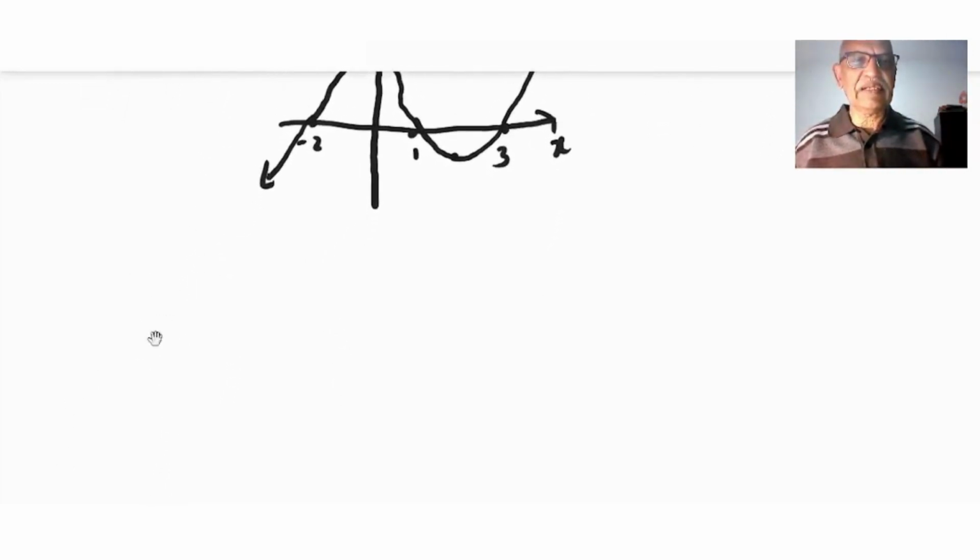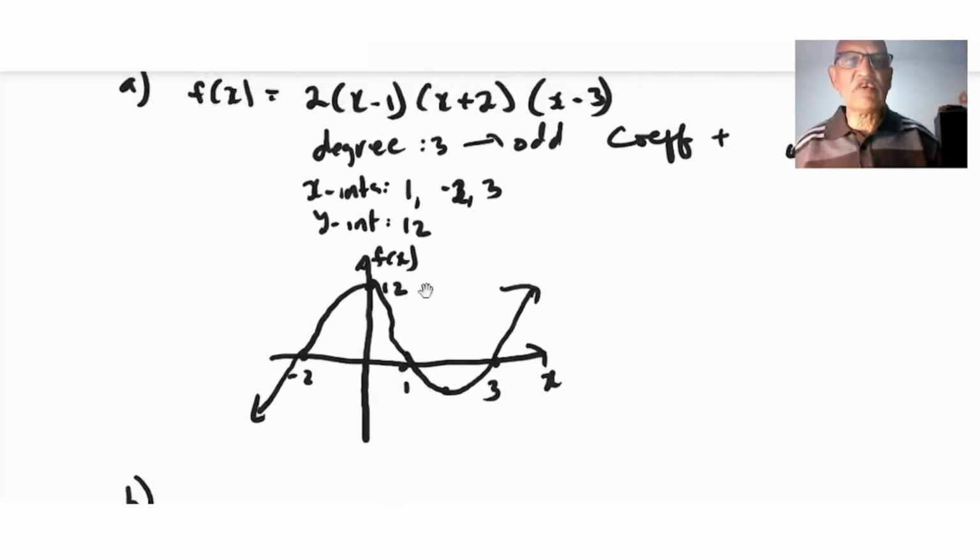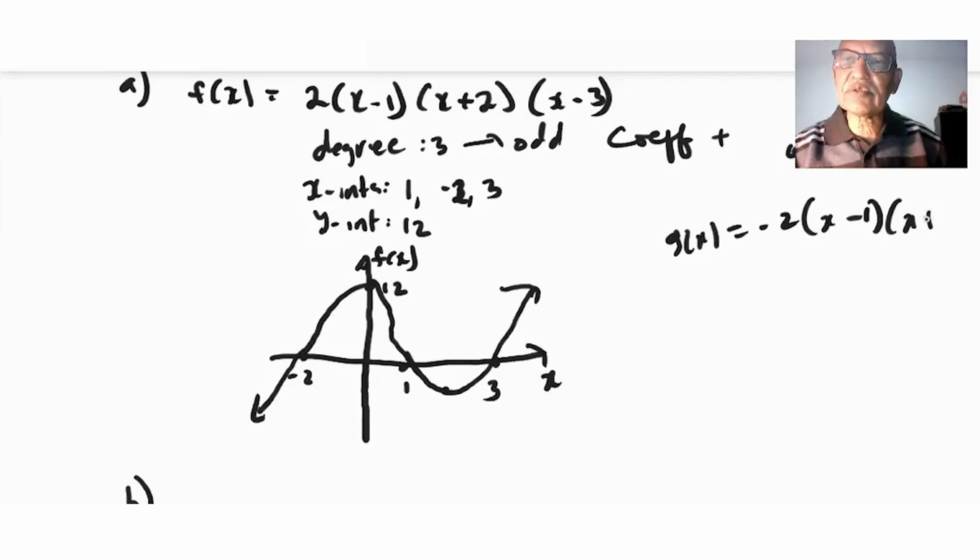Okay, let's see B. If the coefficient was negative here, it would be exactly the same graph, but the other way around. Let's say g(x) is equal to negative 2 times (x minus 1)(x plus 2)(x minus 3).